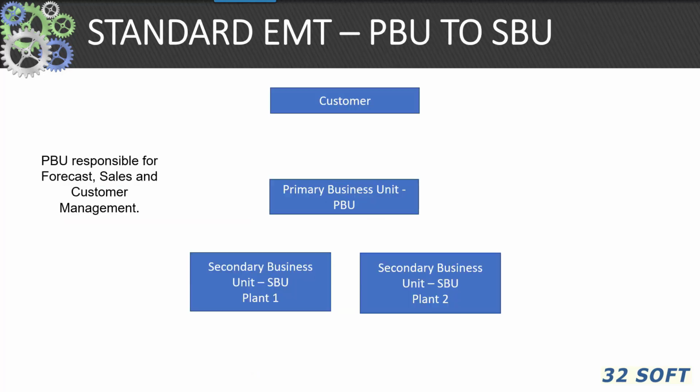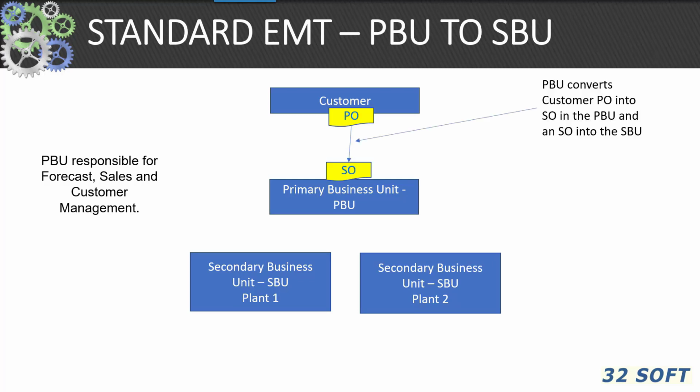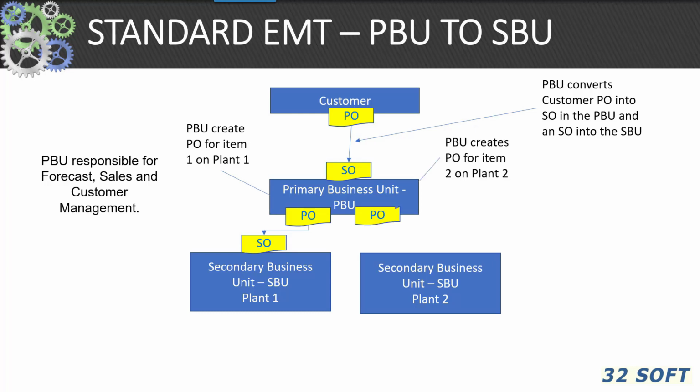So here is a little bit more. You can see that the customer is going to create a sales order or a purchase order against the primary business unit's sales order. Then the primary is going to create a secondary PO and send a sales order to the secondary unit, or you can have as many secondary units as you need.